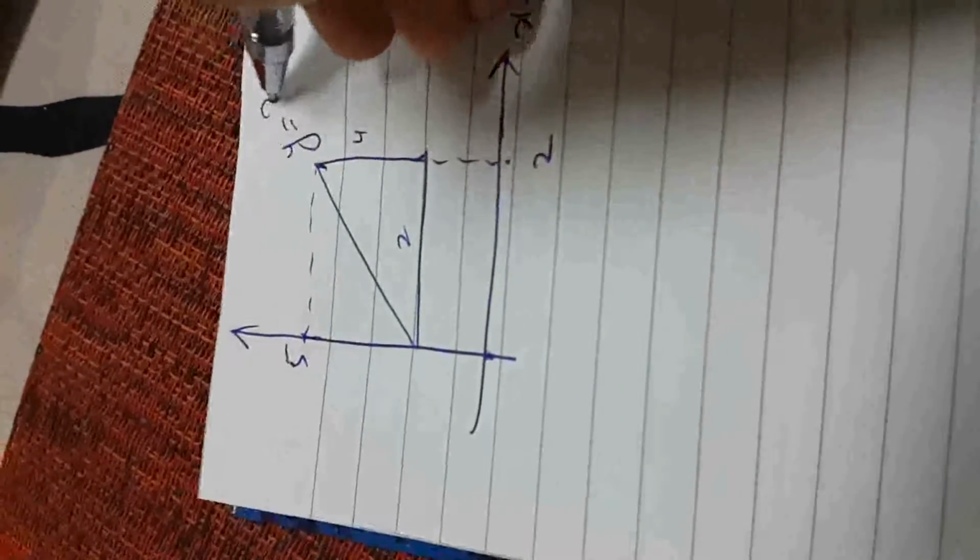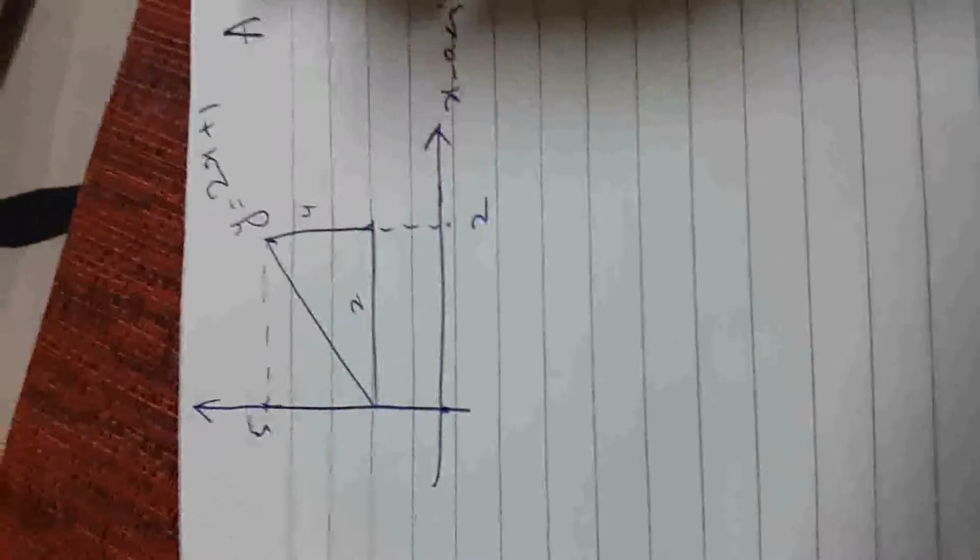Your function has changed to 2x plus 1 on the y-axis. So now let's verify. Area is equal to the integral from a to b of f of x dx.